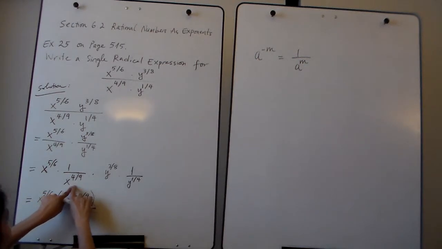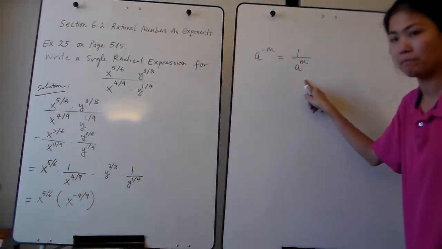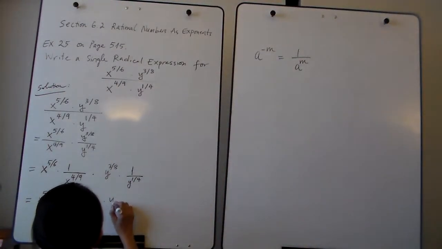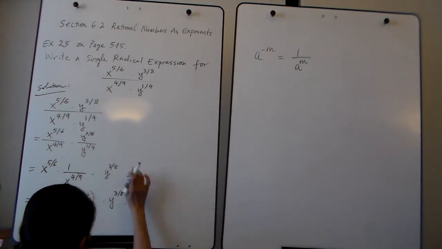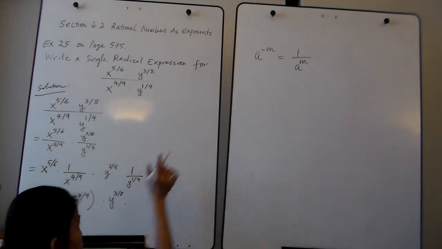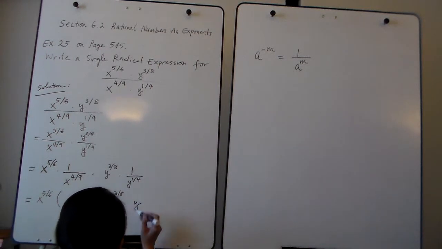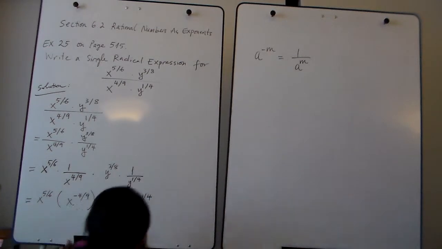So I'm converting this quotient into this using the formula. For this, y raised to 3/8 stays the same. Now for this, I can use the formula to convert it to y raised to negative 1/4.